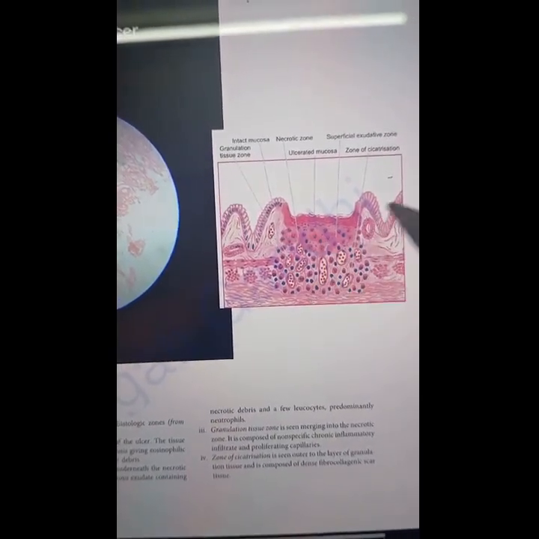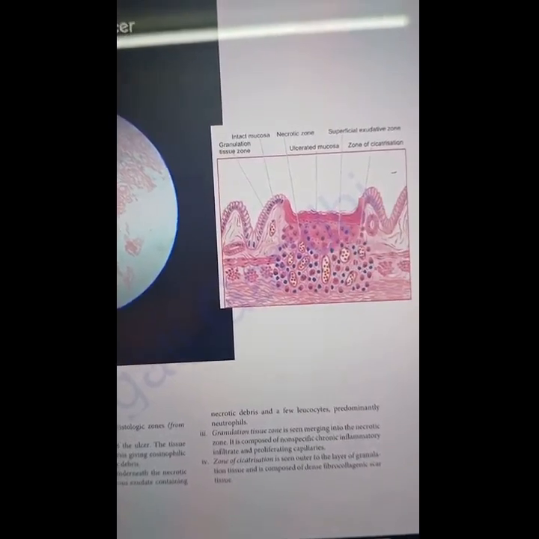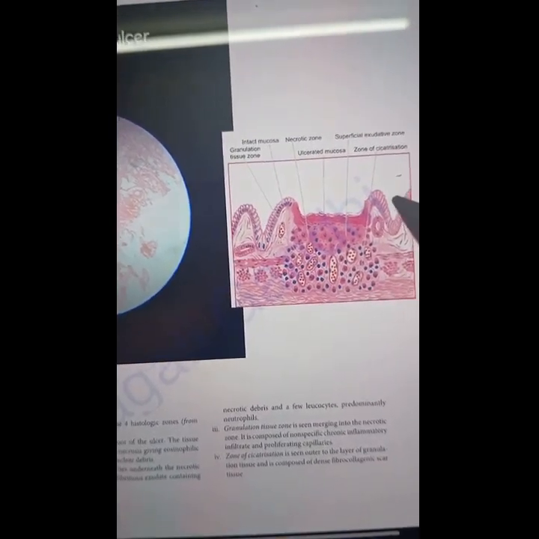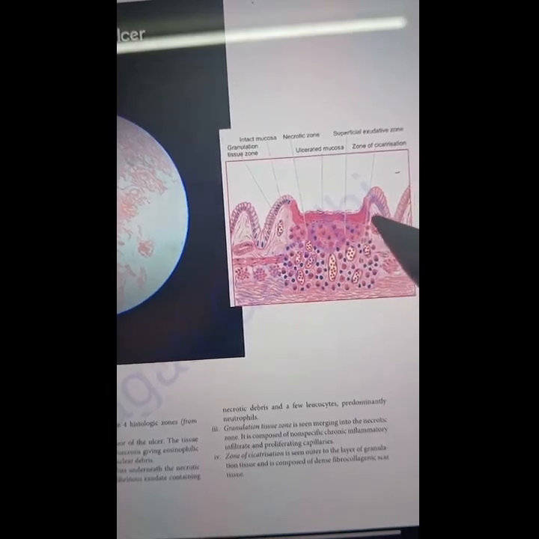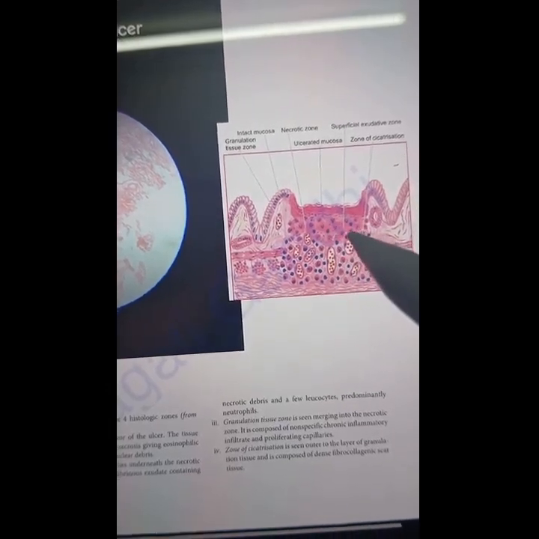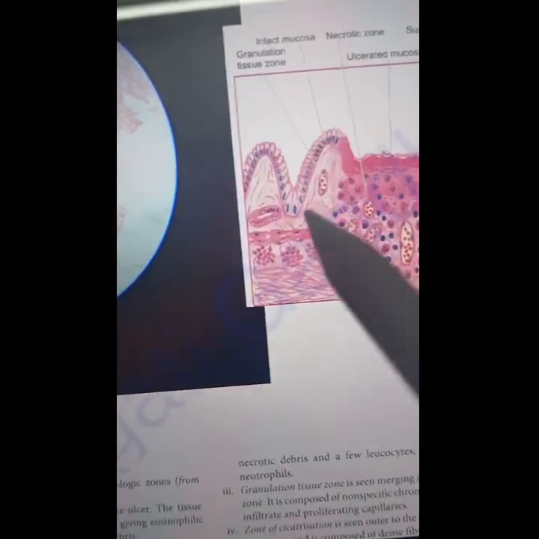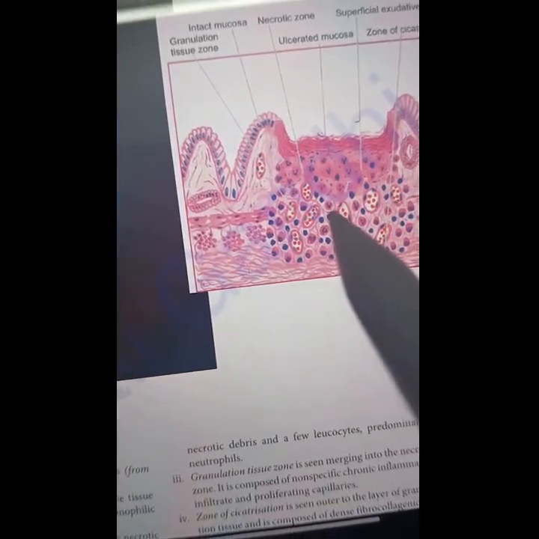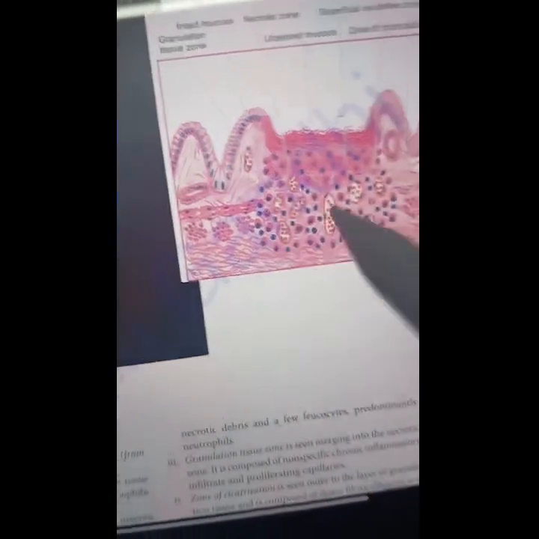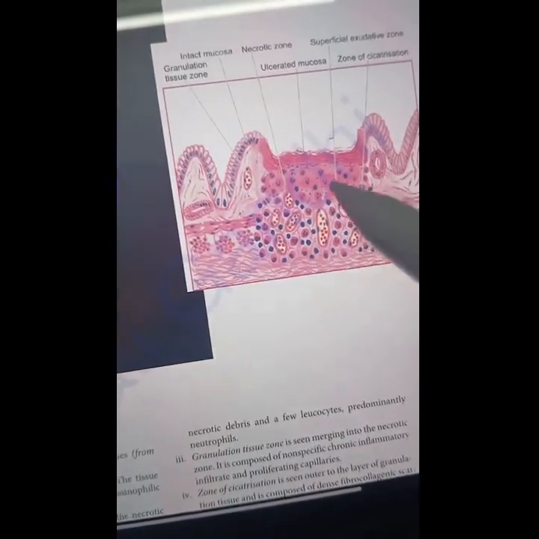Necrotic zone, ulcerated mucosa. Below the ulcerated mucosa, you will see the neutrophilic infiltration. So there is the necrotic zone, then the superficial exudative zone, which consists of lymphocytes and neutrophilic infiltration. The third zone is the granulation tissue zone.